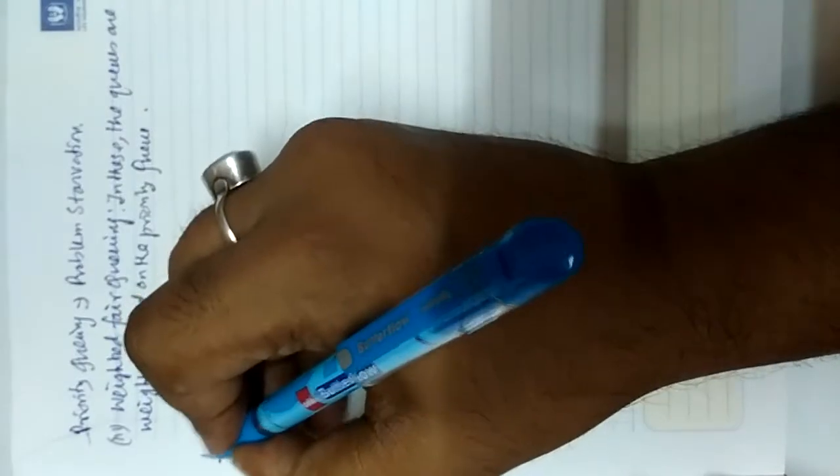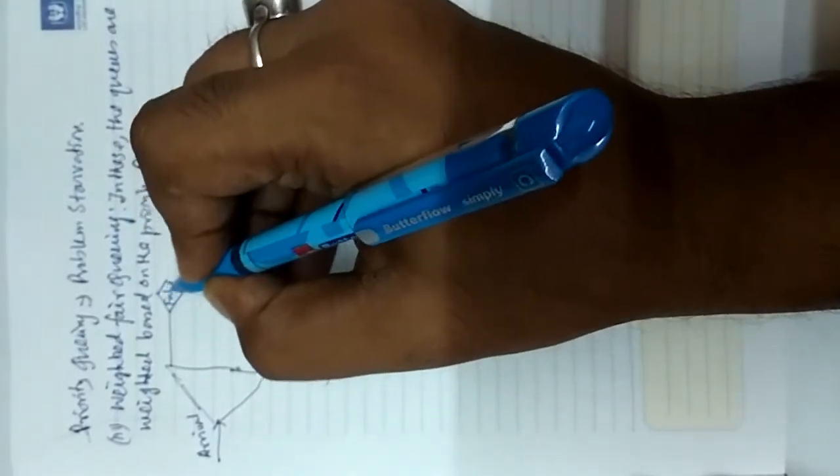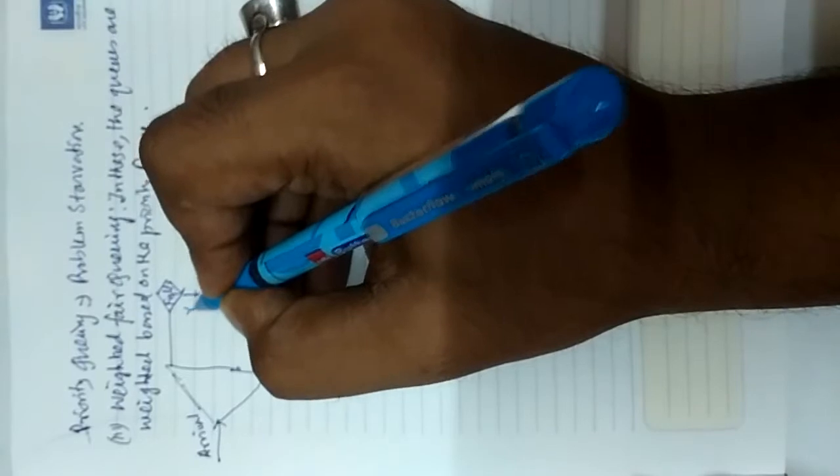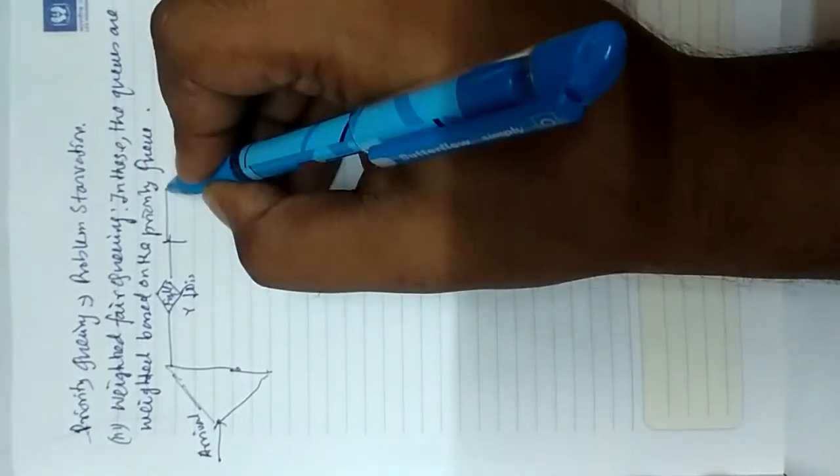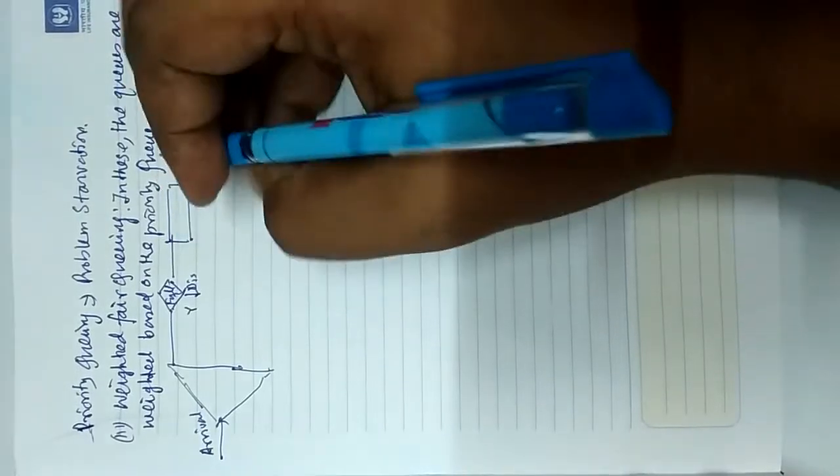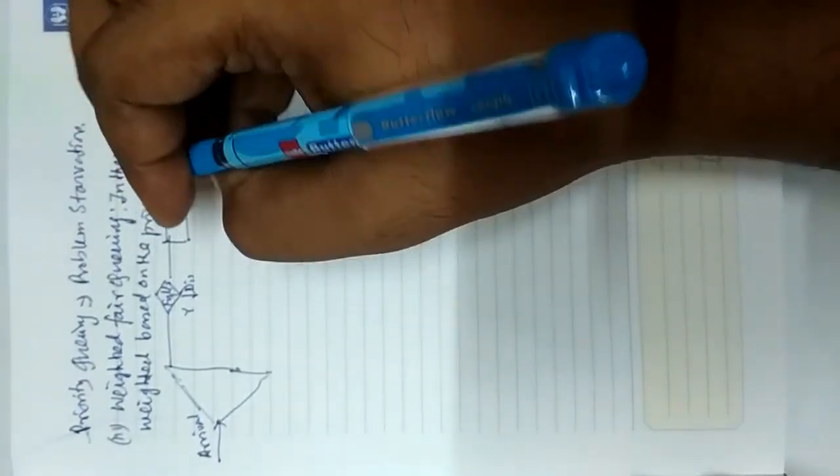Okay, this is arrival, and same thing, it will check whether it is full or not. If yes, then discard. Okay, and let us give this first queue weight 3.